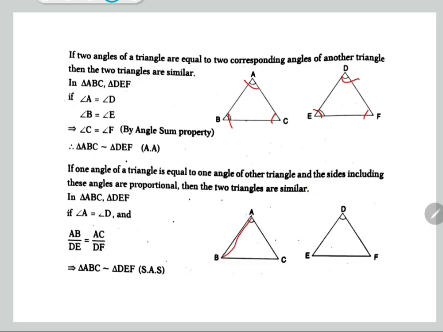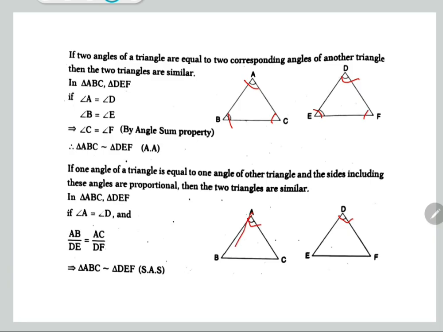That means if angle A is equal to angle D, one angle of a triangle equal to one angle of the other triangle, then the sides including these angles are proportional.